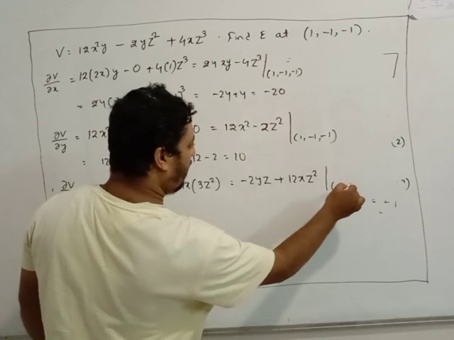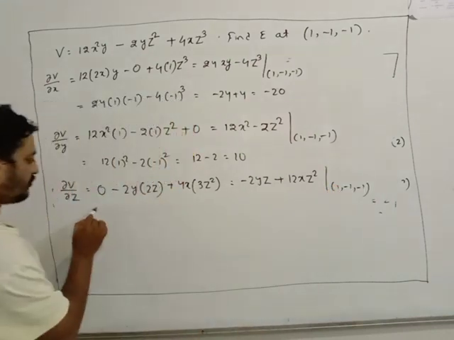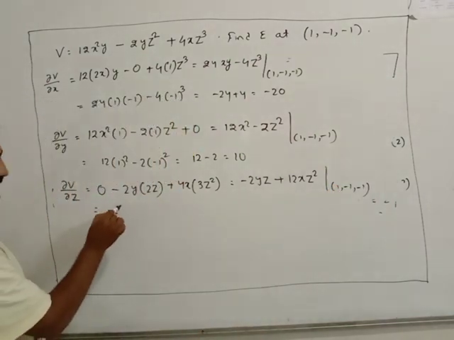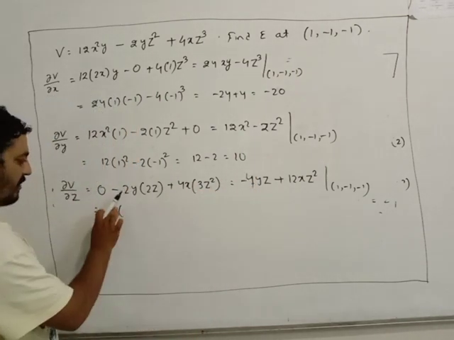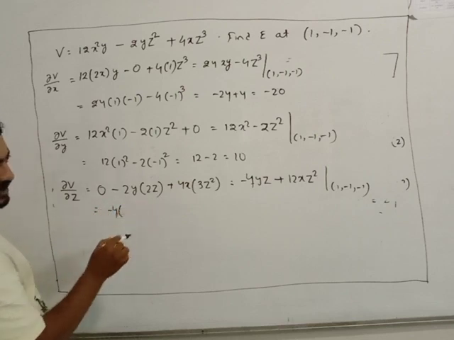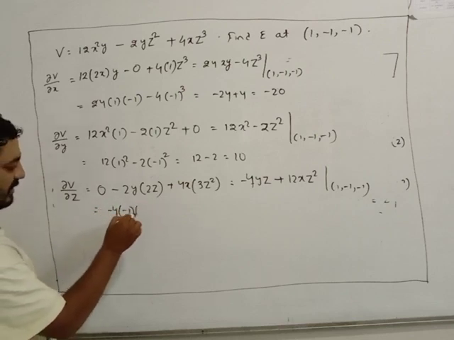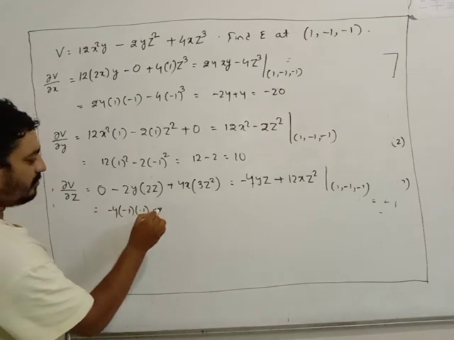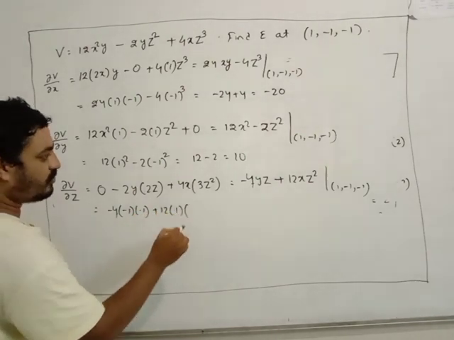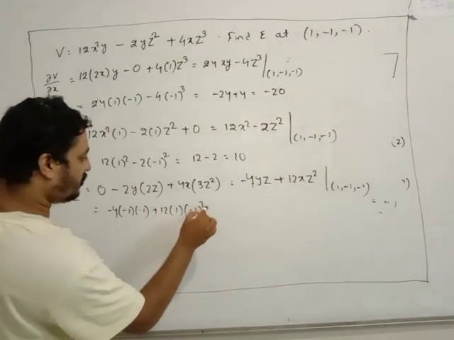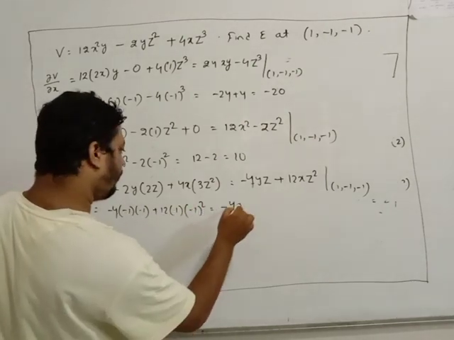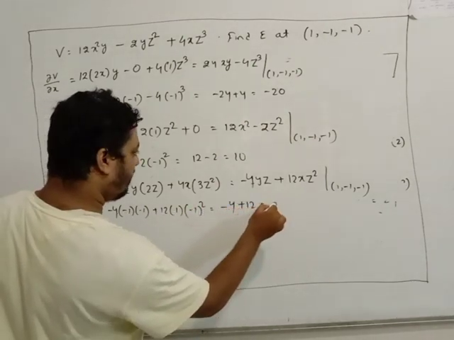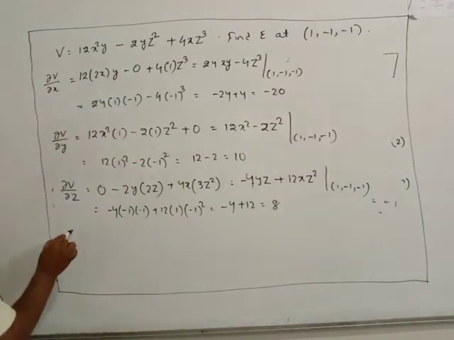At point 1, minus 1, minus 1, you will get minus 4 times minus 1 into minus 1 plus 12 into 1 into minus 1 square, minus 4 plus 12, that is equal to 8.